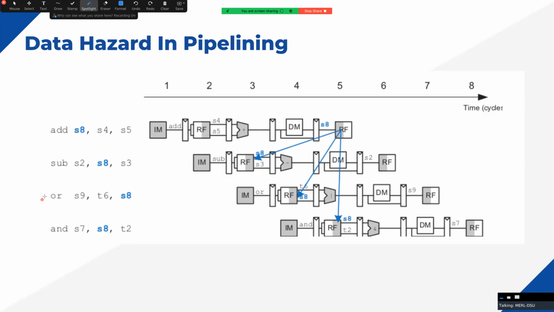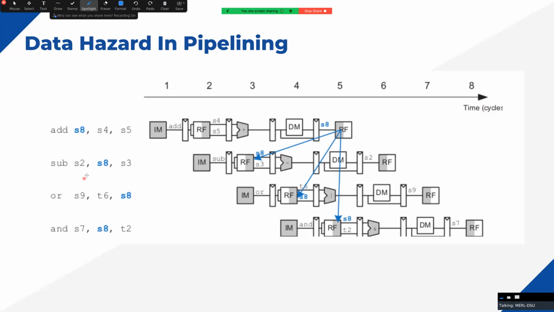Similarly, my OR instruction is dependent on my add instruction answer, and the same way, the AND instruction is also dependent on the add instruction answer. Until I get the correct value of this answer saved into the register, all of these instructions will get the corrupted value of my register, which will affect my calculations. So this is the data hazard which occurs in our pipelining architecture.